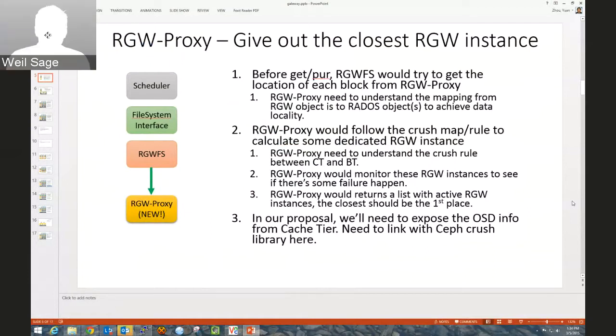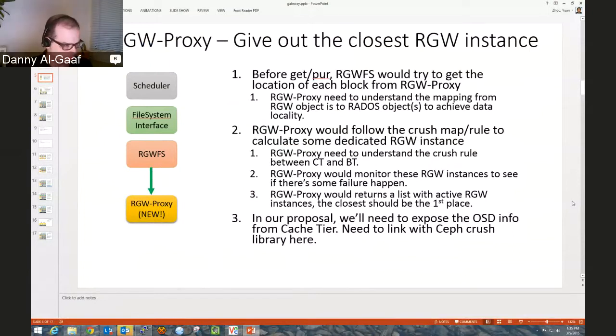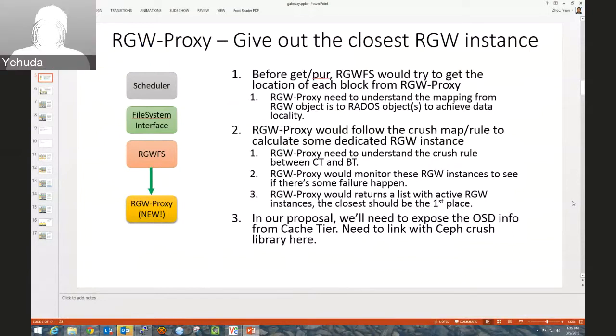Probably the new one does. Is that sufficient, just knowing the IP address of the RGW? You'd have to map that back somehow to what host it is. Okay.